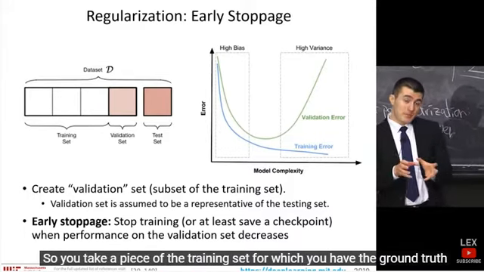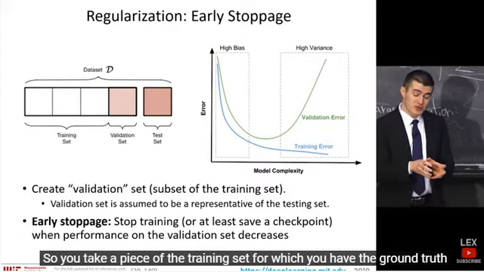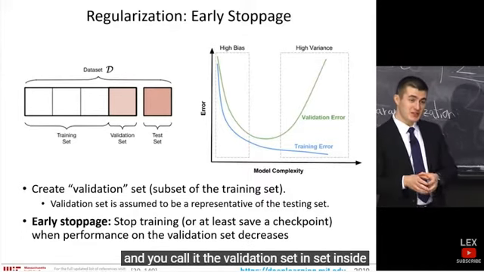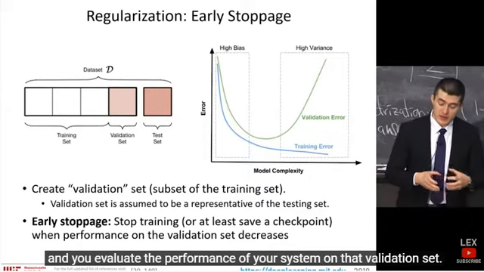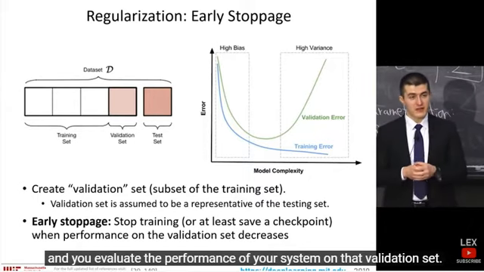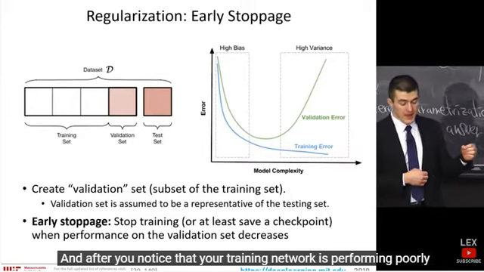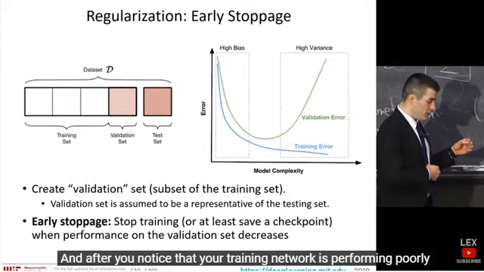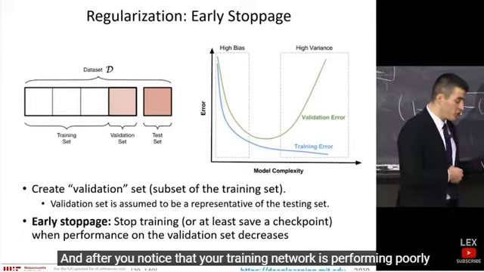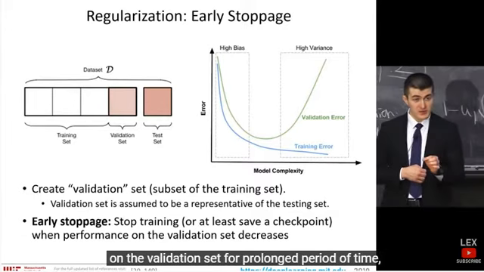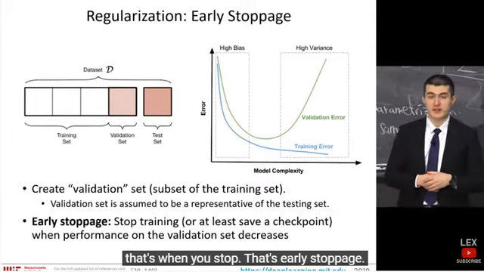So you take a piece of the training set for which you have the ground truth, and you call it the validation set, and you set it aside, and you evaluate the performance of your system on that validation set. And after you notice that your trained network is performing poorly on the validation set for a prolonged period of time, that's when you stop. That's early stoppage.